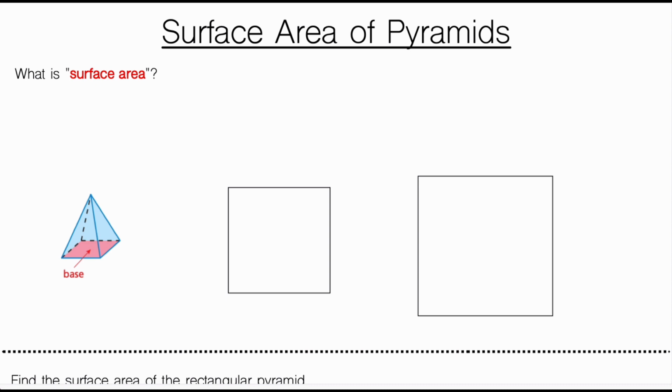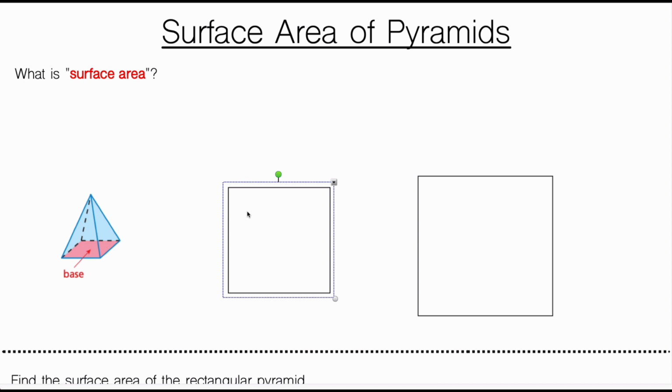Anyways, for pyramids, if you can recall, they have one base and then they have a bunch of triangular faces. No matter what type of pyramid it is, all the faces that aren't the base are triangles. So what's going to be the work for you is reimagining the three-dimensional pyramid as a flat two-dimensional version of itself.